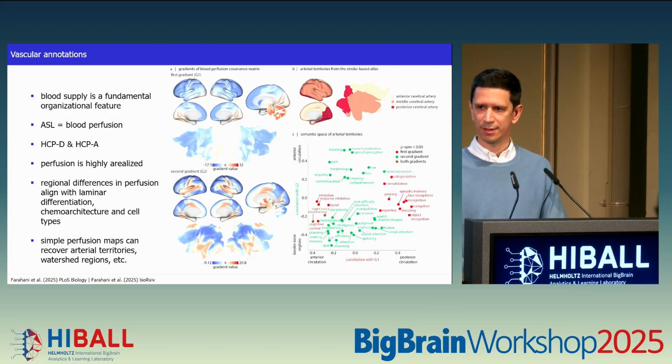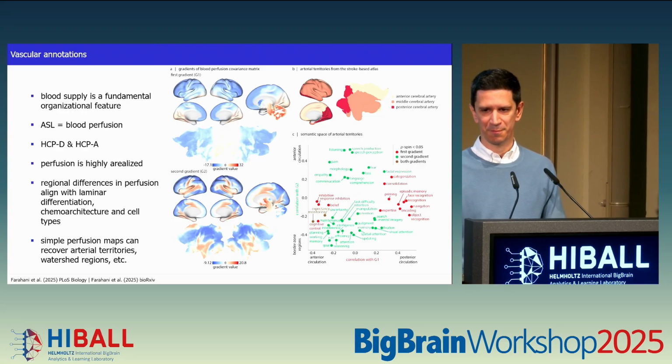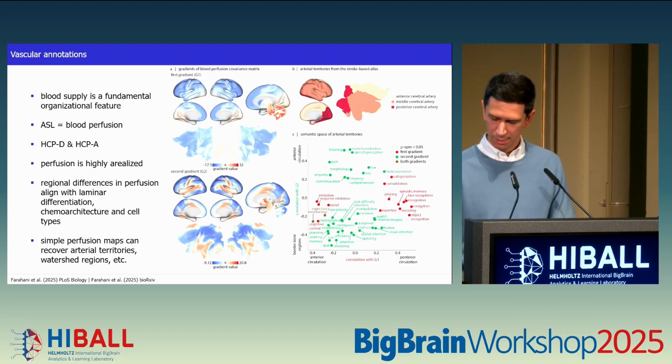And then putting everything into a semantic space, that's the graph on the bottom right-hand corner, and overlaying everything with Neurosynth, you can see exactly how much of different cognitive functions are being supplied by different sources of blood supply. And also, you can predict very well what the symptoms would be if an occlusion or a stroke were to occur in any one of those territories.